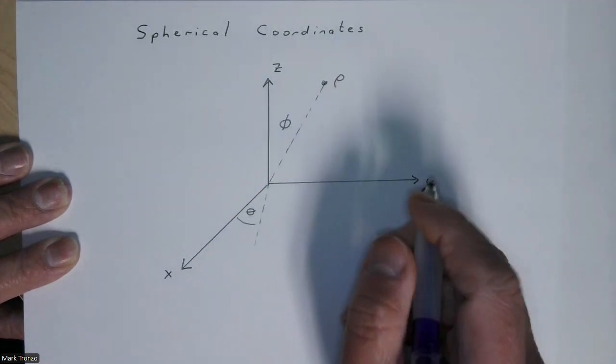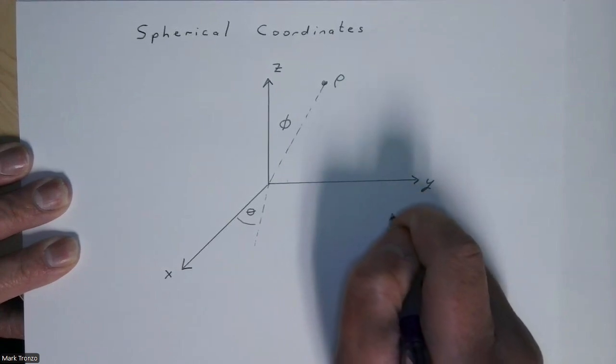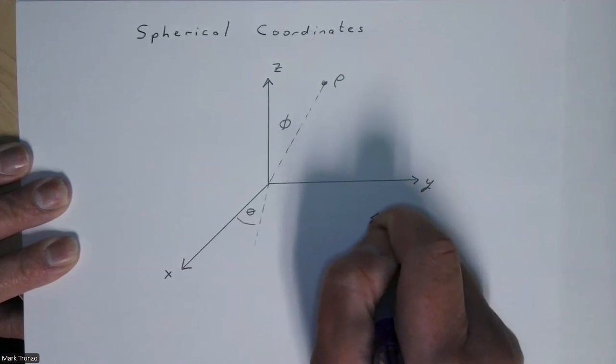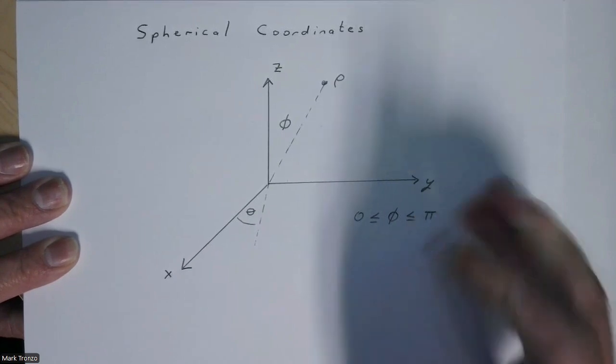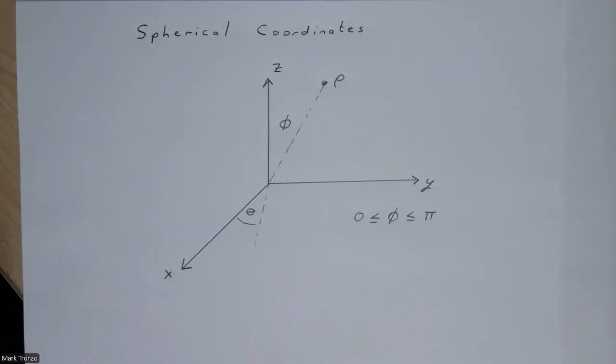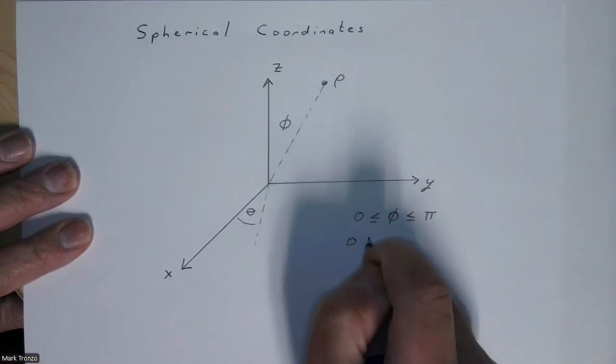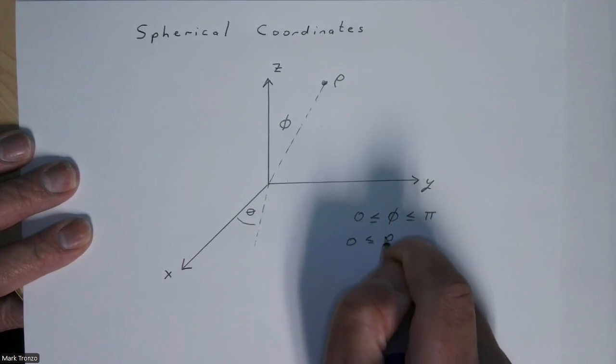And remember that phi will range from 0 to pi, and that's all you need for phi because theta ranges from 0 to 2 pi.